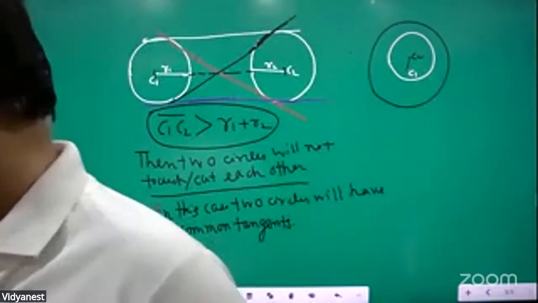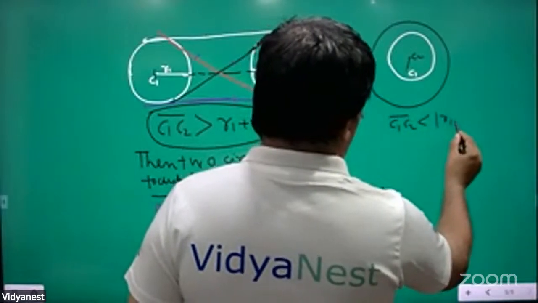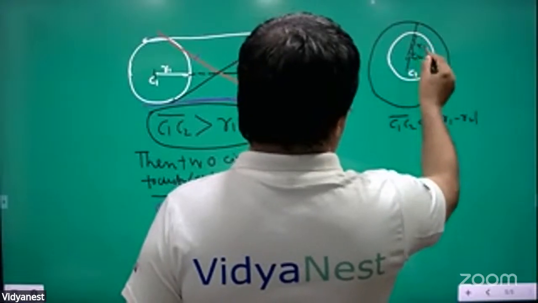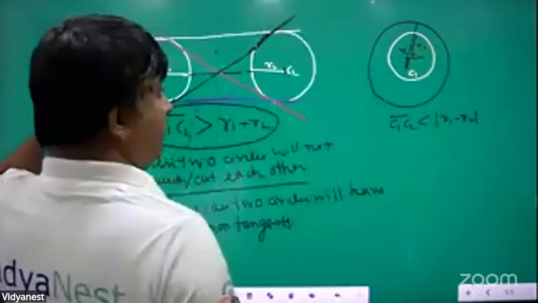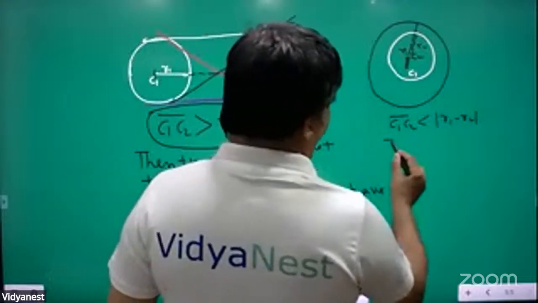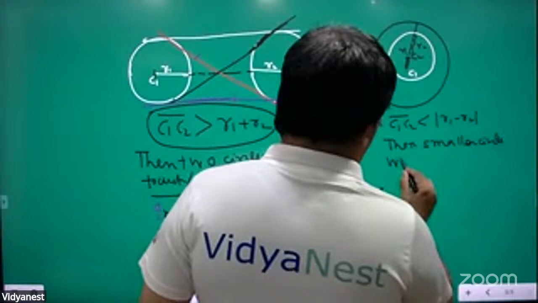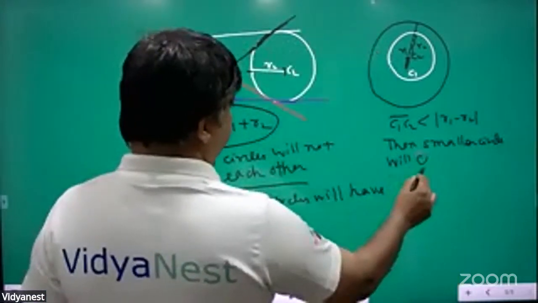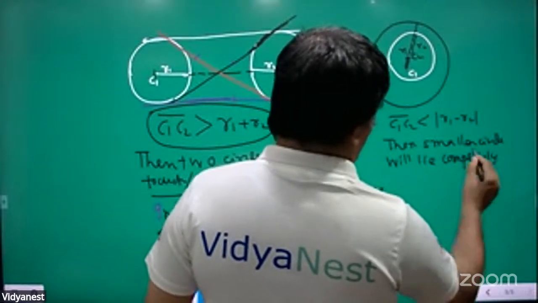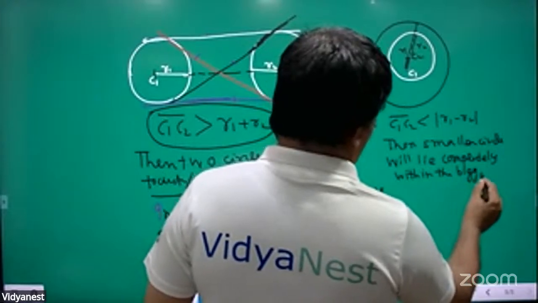Now the distance between C1 and C2, if less than mod R1 minus R2, where R1 is the bigger one and R2 is the smaller, then the smaller circle will lie completely within the bigger circle.